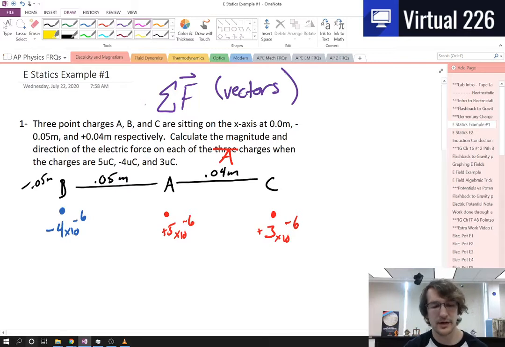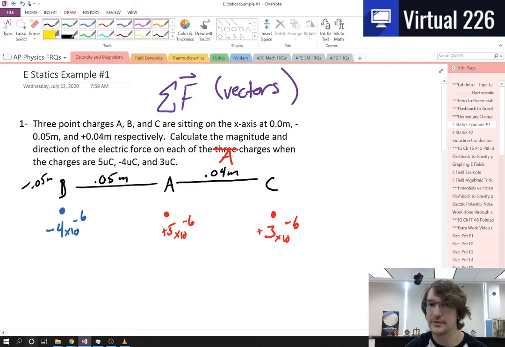Because we need to be a little careful here with these vectors, what I like to do before I even get into Coulomb's law is write out and draw on this picture the direction each of these forces are going to act. So if I consider charge A and charge B, the middle and left charge, they are opposite charges.